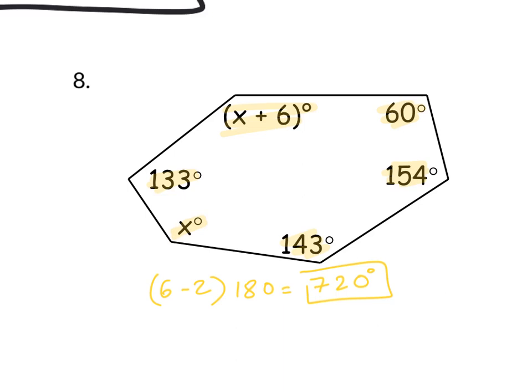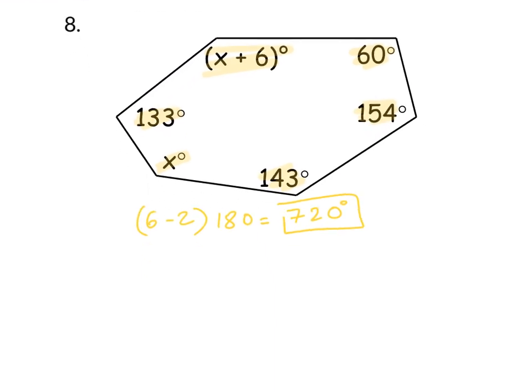So that means if I add all of those angles together, so basically x plus 6 plus 60 plus 154 plus 143 plus x plus 133, that's all going to equal 720 degrees. So if I add x plus x, that's going to give me 2x.